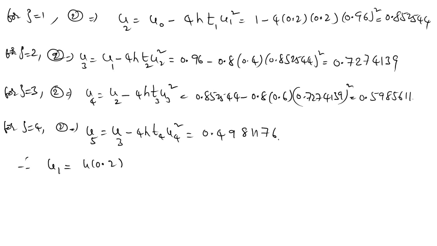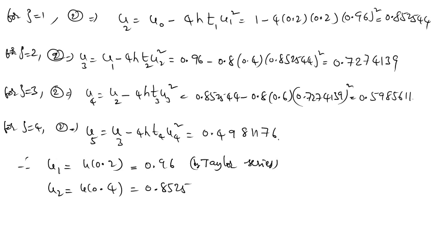Therefore, let me write clearly. u1 means u of 0.2. U of 0.2 is 0.96. This is by Taylor series. And next u2 is nothing but u of 0.4. This value is 0.852544. u3, at 0.6, this value is 0.7274139.